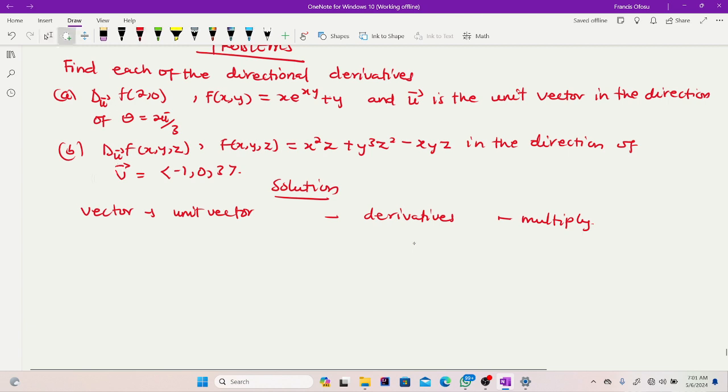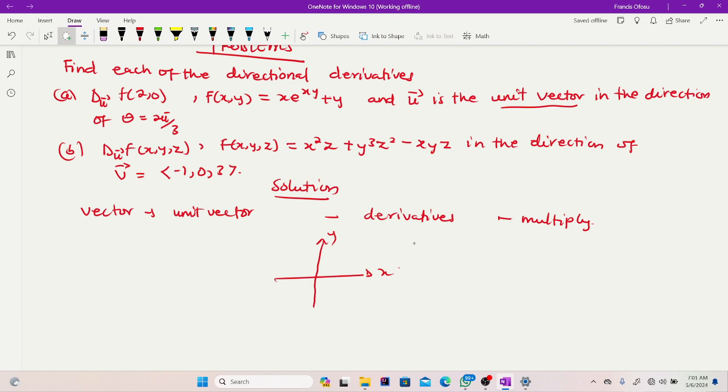So let's see how we can solve this problem. Now, what is the vector given? We aren't given any vector, but we're given a unit vector in the direction of this theta. If you are on the Cartesian plane, this is x and y, so this is a 2D plane. If I give you the theta, I can find the x and y components as simply the horizontal and vertical components of my theta.